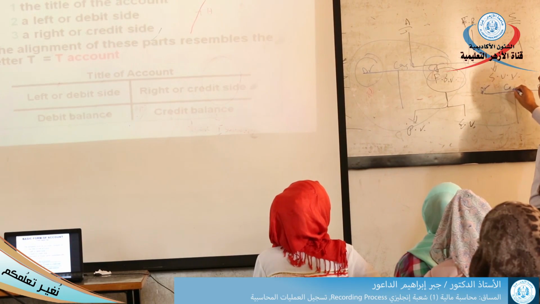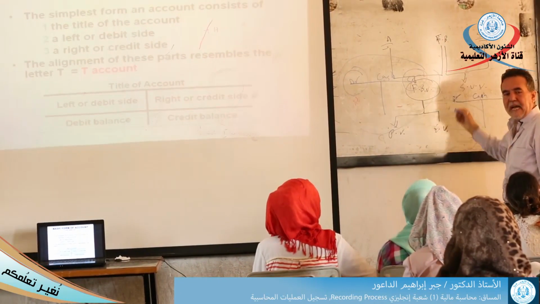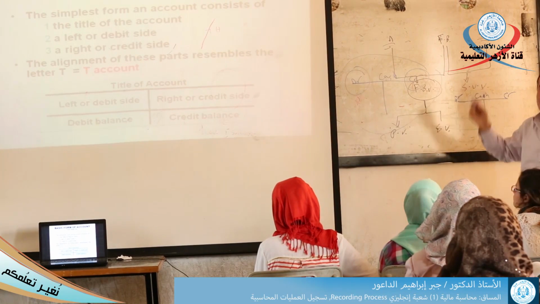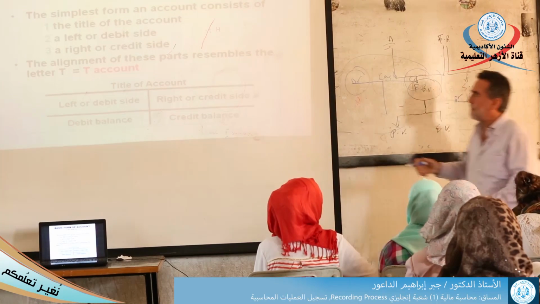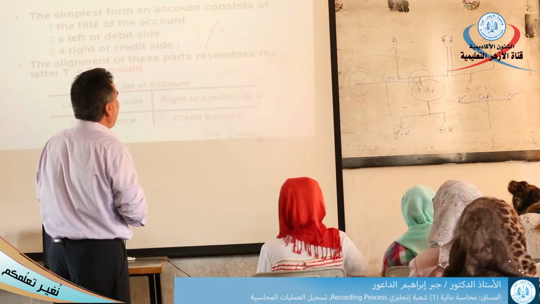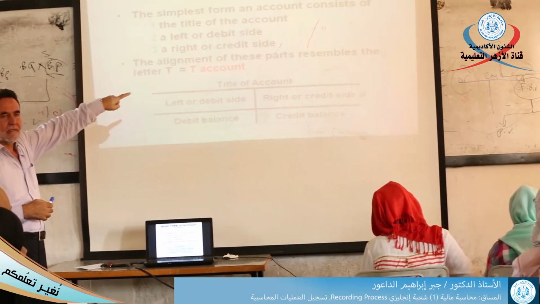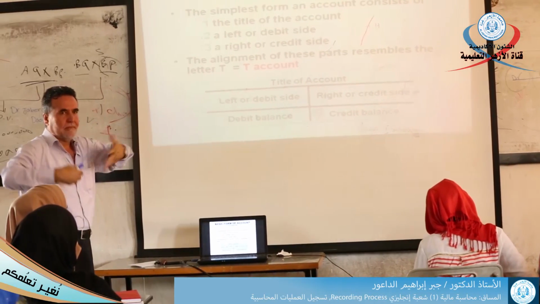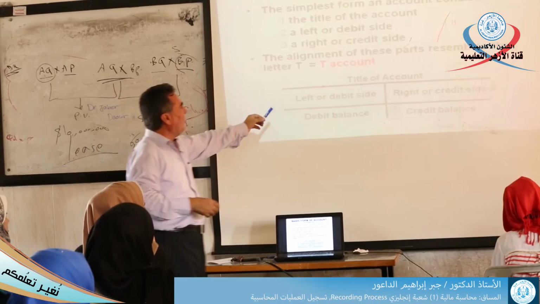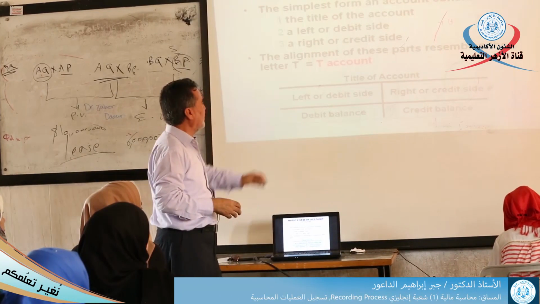And the name, cash, or whatever: account receivable, accounts payable, furniture, supplies. The arrangement of these parts resembles the letter T, بنسميها T account. Left or debit side, right or credit side.